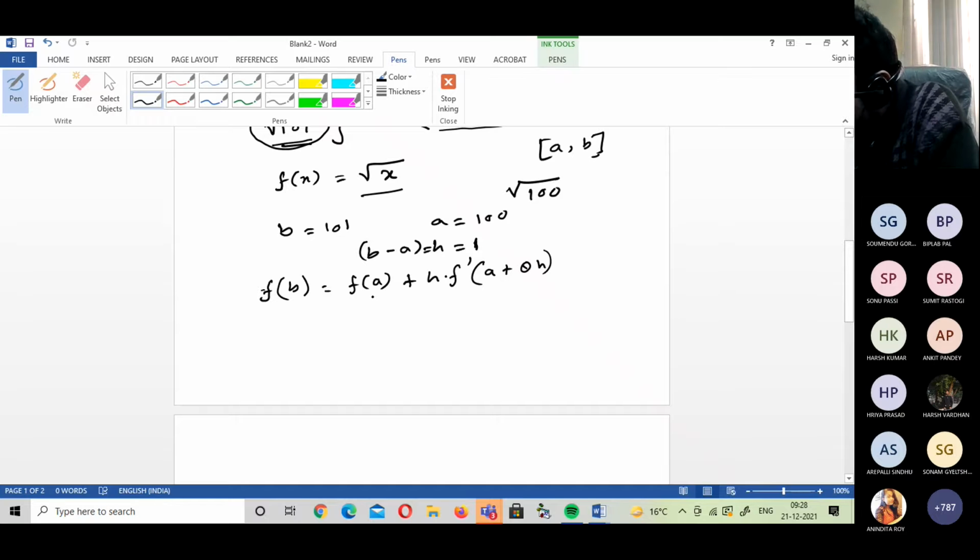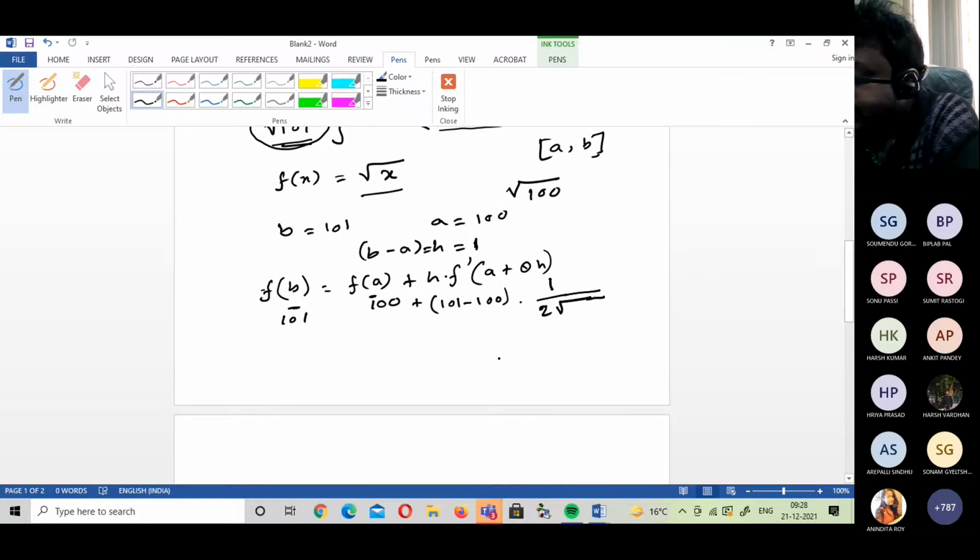Here a is 100, b is 101, that you have to approximate. h is 101 minus 100, that is 1. f dash of a plus theta h will be 1 by 2 root of a plus theta h. You don't know this, some intermediate point.